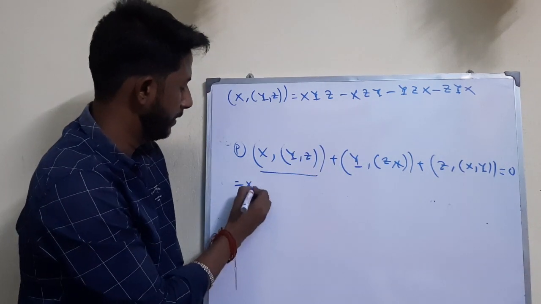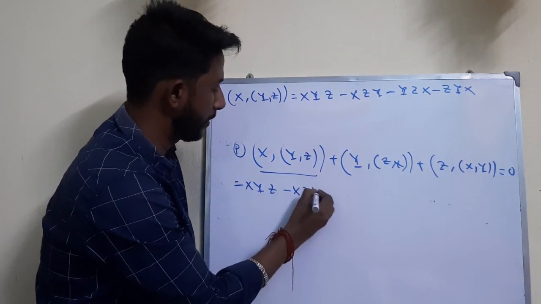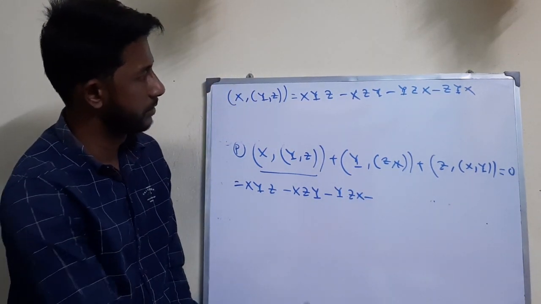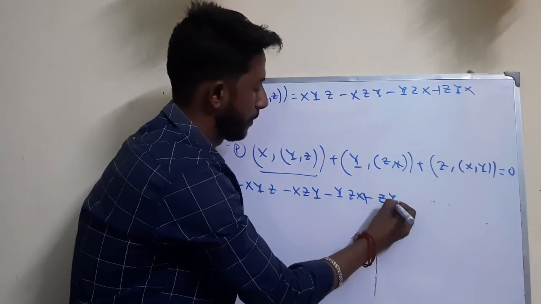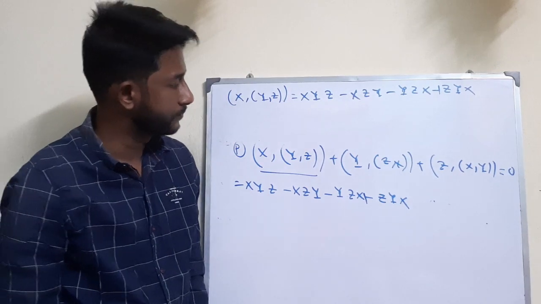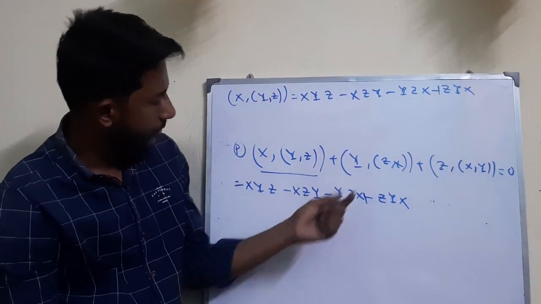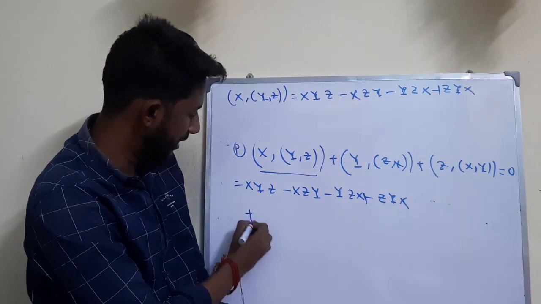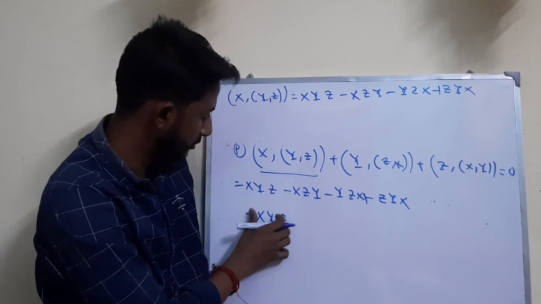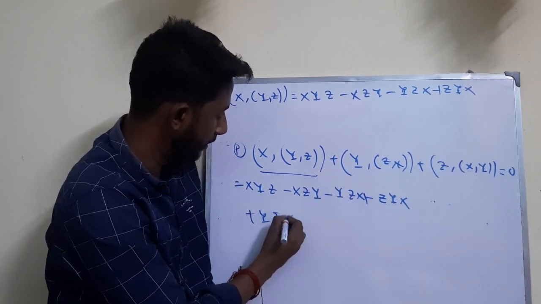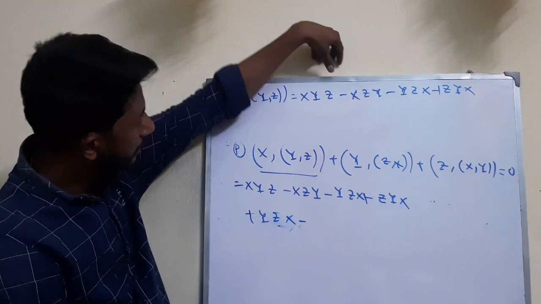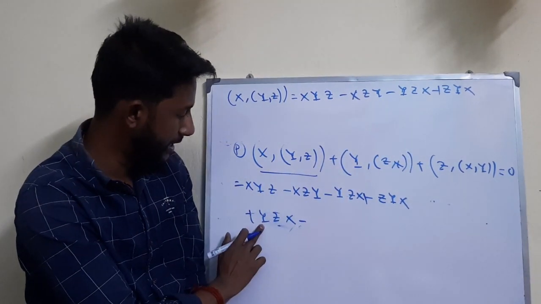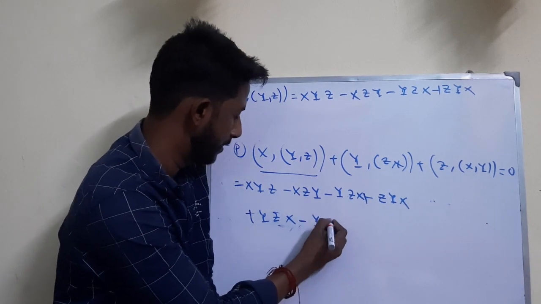I am using this result to find the expression for P. The first term is the multiplication of these three terms, x with y with z, and the second term keeps the first term same and interchanges the second and third term, x z y.